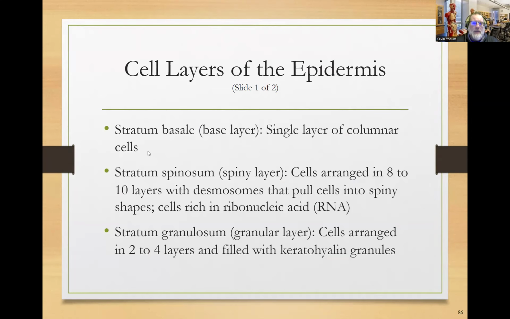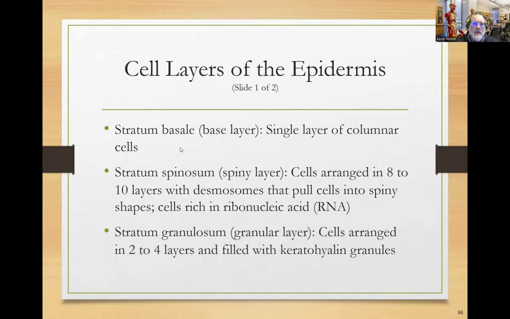Okay, we can name the layers of the epidermis. The basement layer is called stratum basale, typically seen as a single layer of columnar cells.